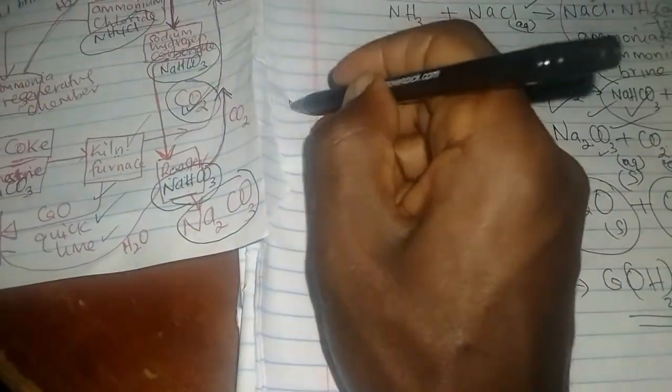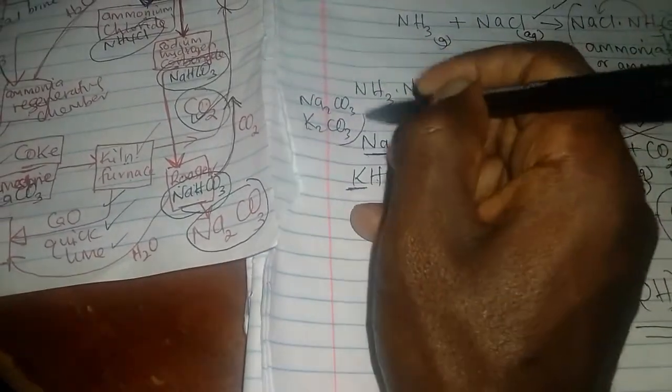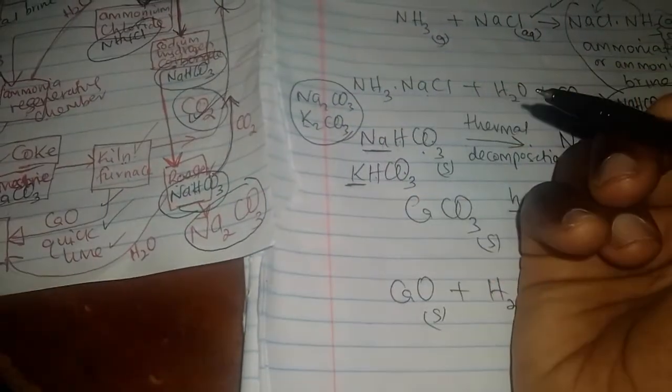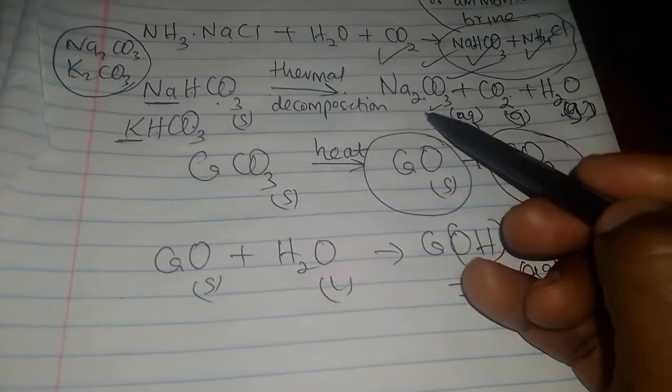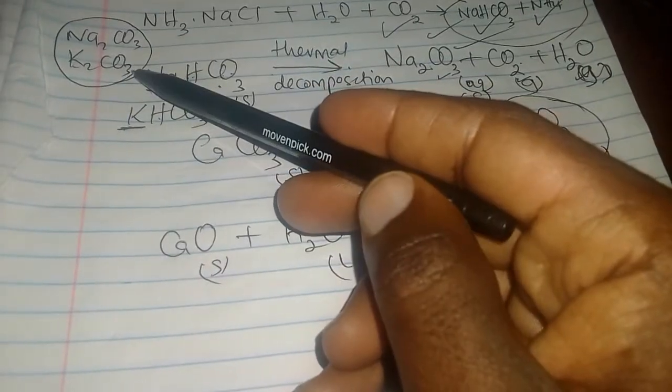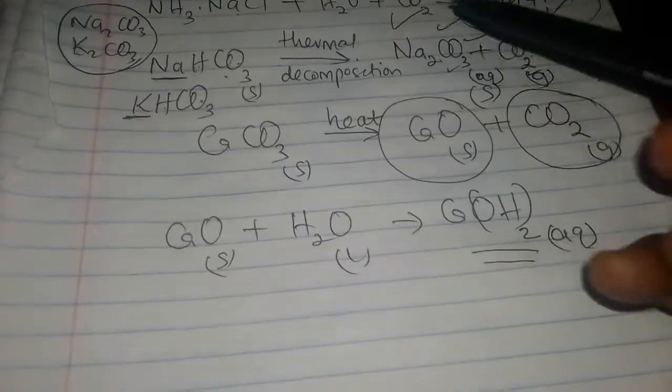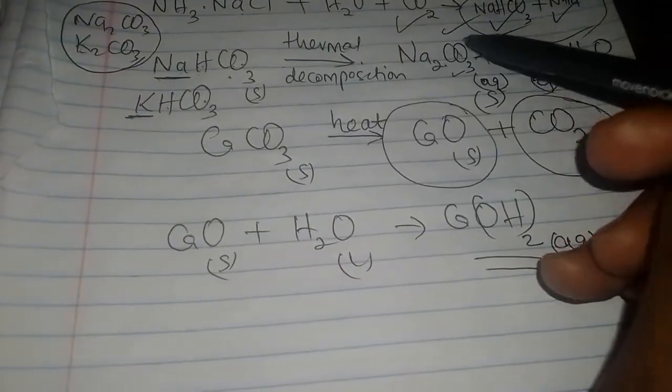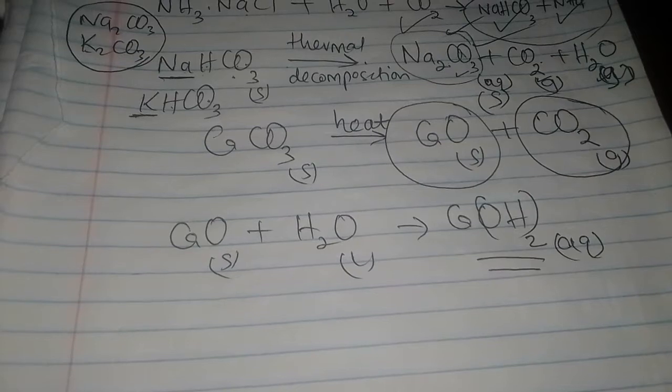But metal carbonates like sodium carbonate and potassium carbonate, the metal carbonates of group 1 elements, don't get affected by heat. Okay, so even further heating cannot dissociate sodium carbonate. Why? Because metal carbonates of group 1 elements are not affected by heat. So any further heating does not further dissociate our soda ash or washing soda.